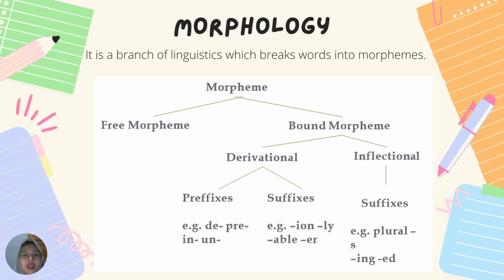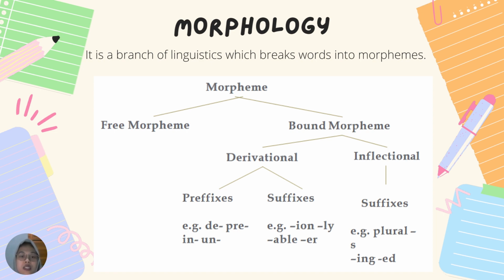Derivational is a bound morpheme where, when we add it to a free morpheme, it changes the meaning. But in inflectional, when we add a bound morpheme to a free morpheme or another word, it doesn't change the meaning. So that's the difference.